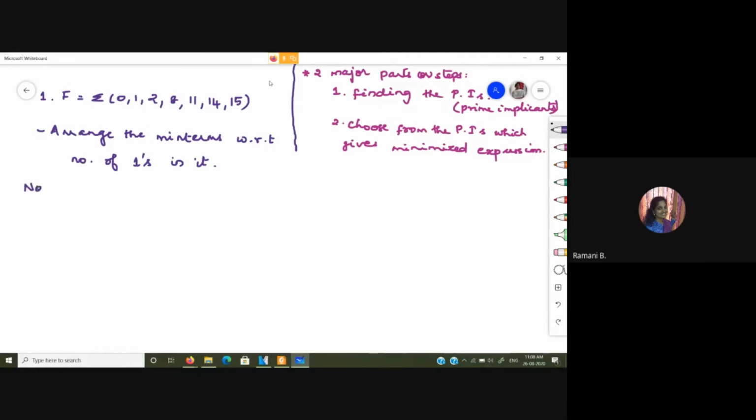As we are having the minterms only till 15, let us consider that this expression is supposed to have 4 variables. Let us assume the variables to be a, b, c, d. As nothing is mentioned with respect to the variables, I am taking it for my own convenience. And we shall also include the minterms over here.